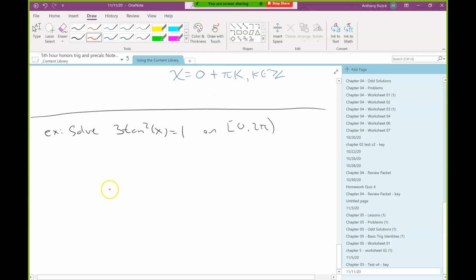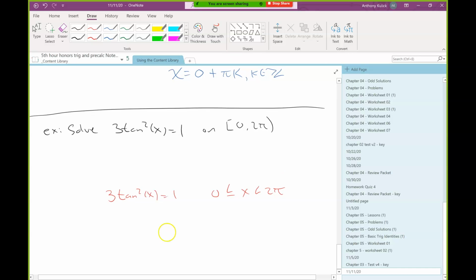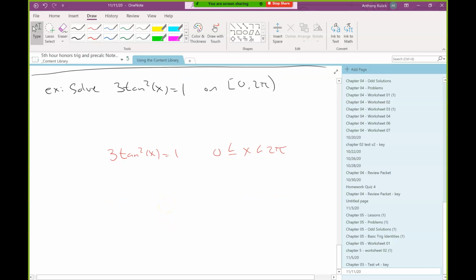So let's say we want to solve 3 tangent squared x is equal to 1 on the interval from 0 to 2 pi. So what would I want to do first? Divide by 3. Very good.